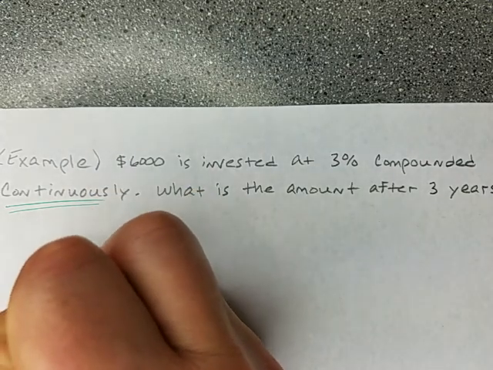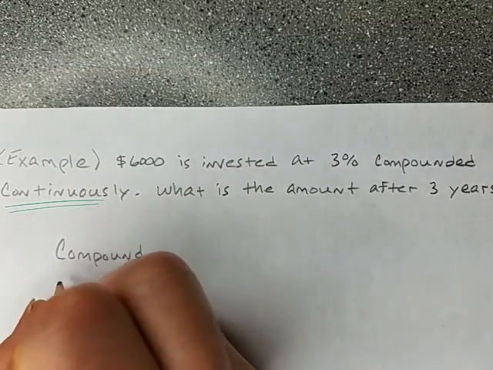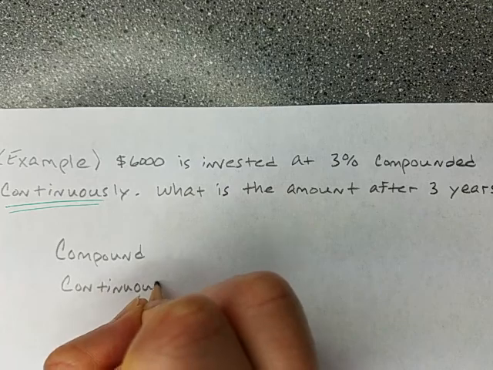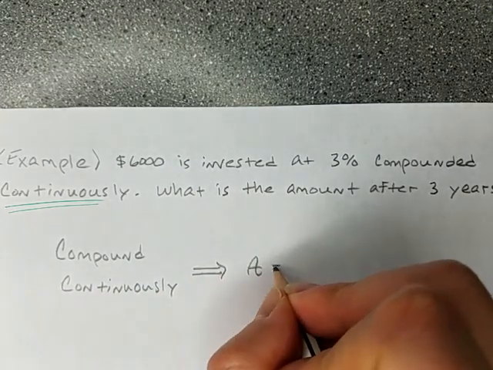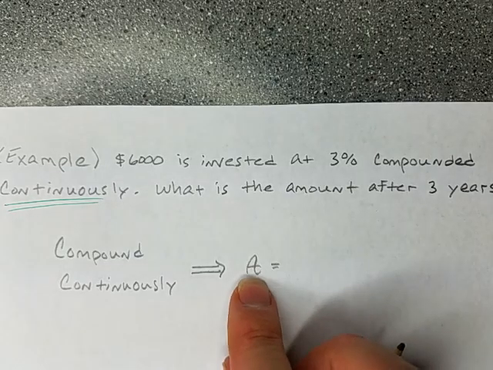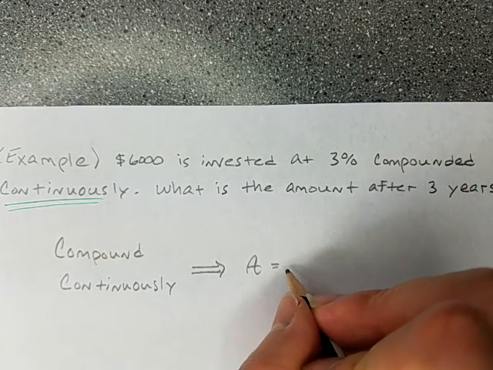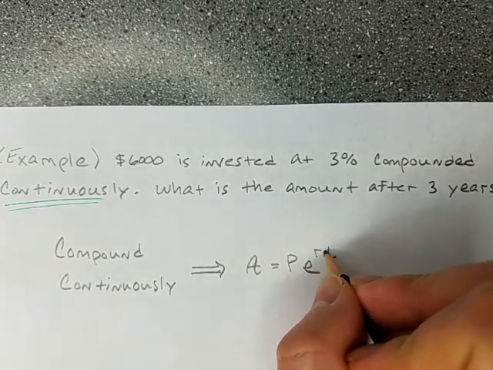So if we are doing an interest problem and we're going to compound continuously, then our formula is A. Now again, A is the amount, the principal we started with plus all the interest earned along the way, is P times e to the rt power.